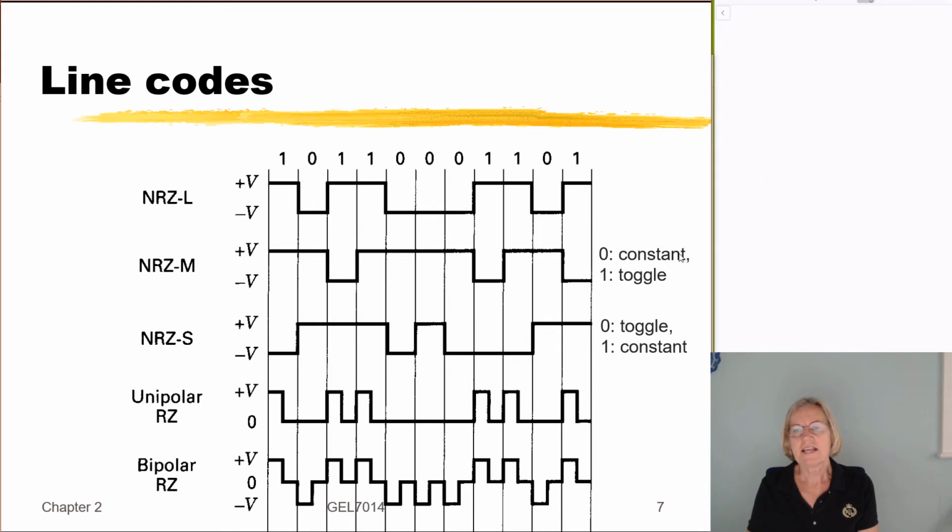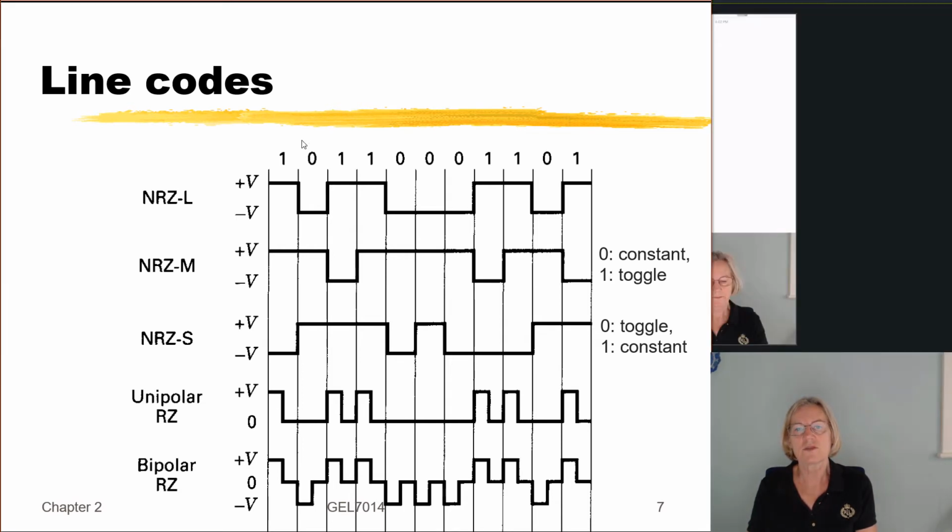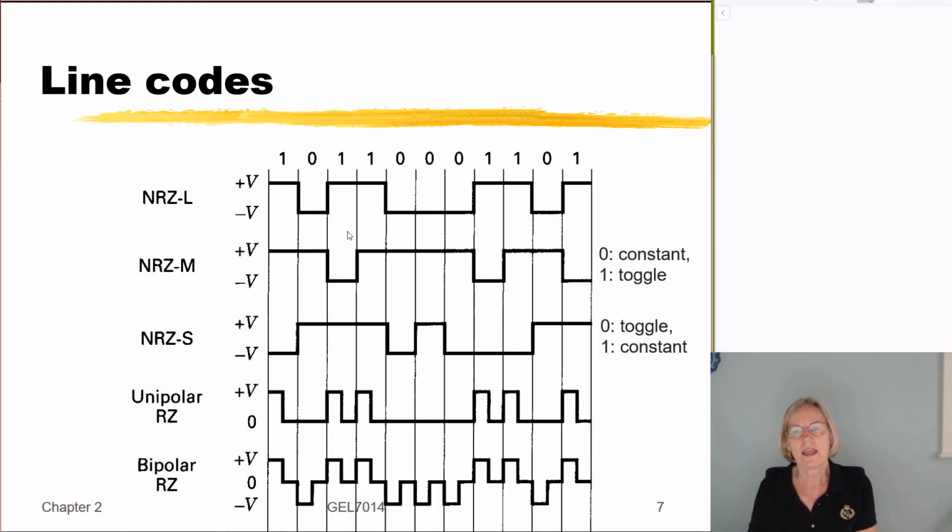For instance, in this case, if we have a logical 0, that means that I would continue with wherever I am. So I had a 1 level, which was a positive V. The next bit was a 0, and I decide it's constant, so I don't change it. Now the next one is a logical 1, so I toggle. If it was a plus V, I go to minus V. And now here I am at 1, and if the next one is a 1, now I'm going to toggle to the other value.